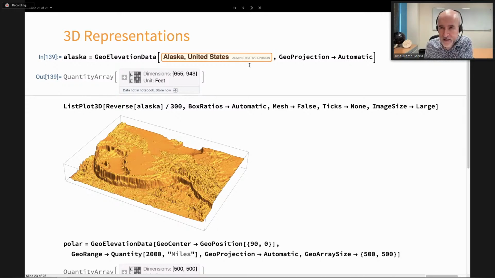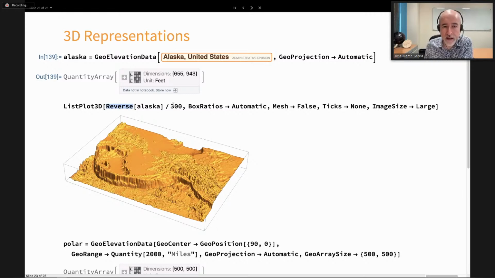Something very important here is that we have to worry about conventions. And so the convention used by geo-elevation data is reversed with respect to the convention used by ListPlot3D. So it's very important that we add this, otherwise this will look reversed, like flipped on a mirror.